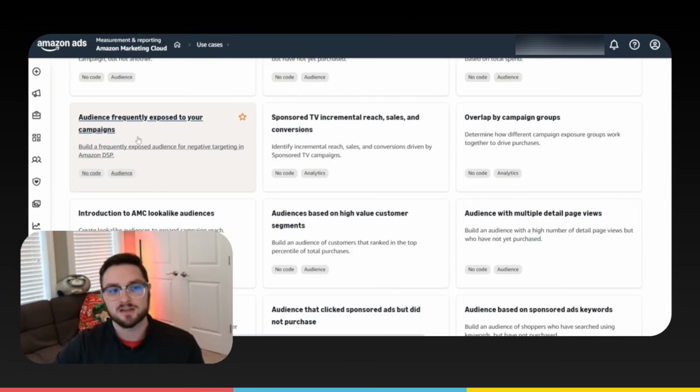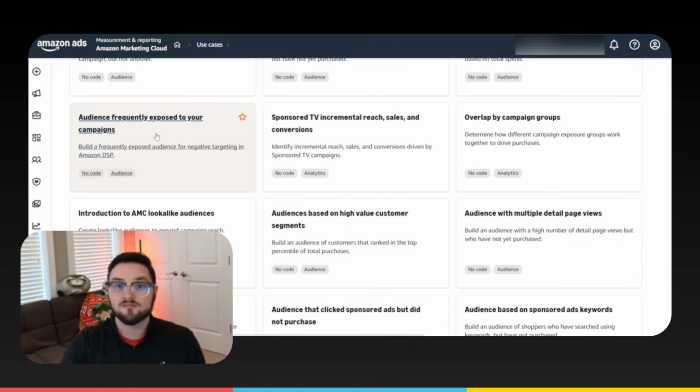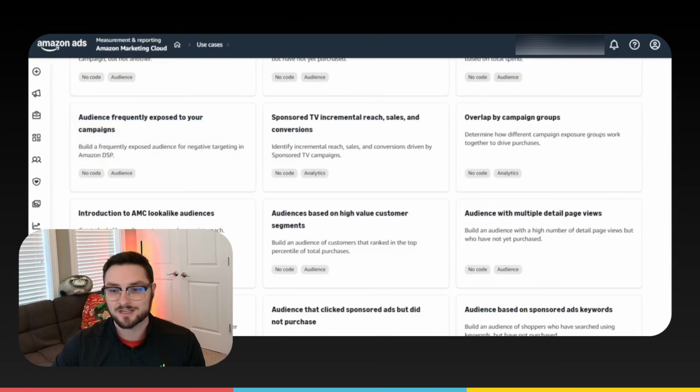If you're running DSP advertising, this audience segmentation will allow you to take all of that top of funnel awareness from your DSP and funnel that into direct conversions on your actual Amazon store. So if you are running DSP campaigns and you're doing any form of awareness targeting through DSP, I would really encourage you to be pushing from a branded search perspective, audience frequently exposed to your campaigns.